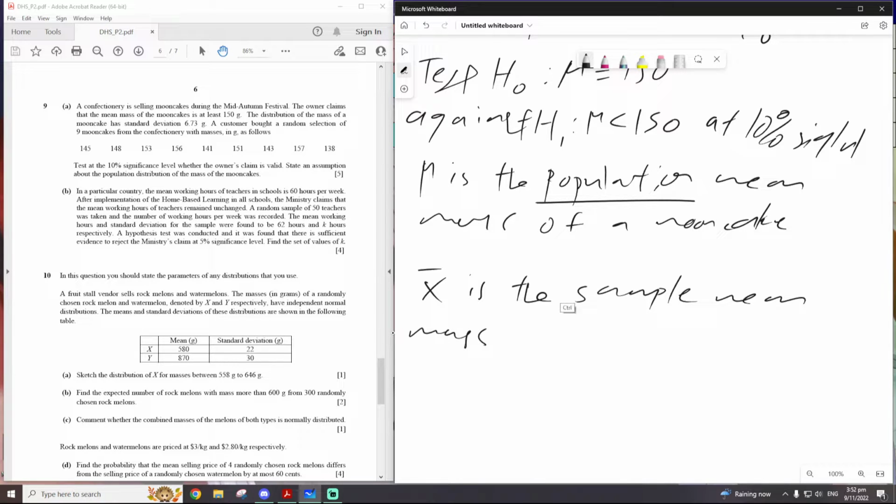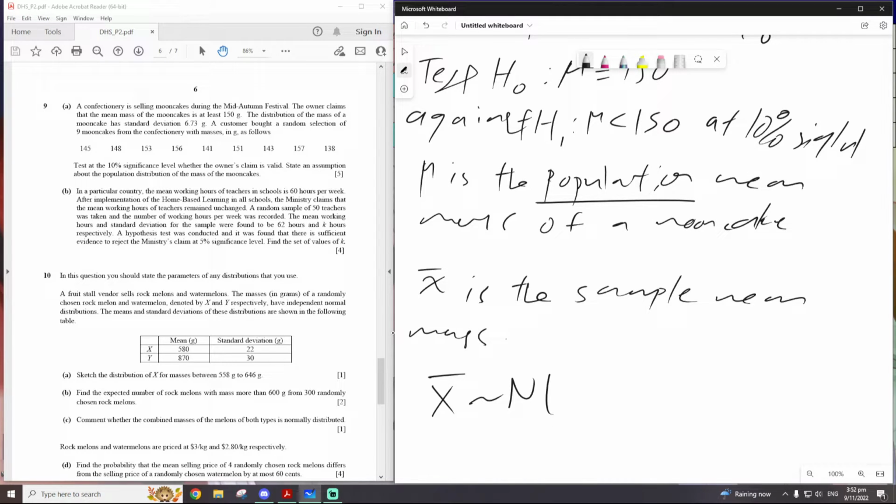Distribution X, or rather more accurately, X follows the distribution. How do I say this? No, I'm going to call this lower x is the sample mean mass. Okay, so you use the distribution under X bar is normal.